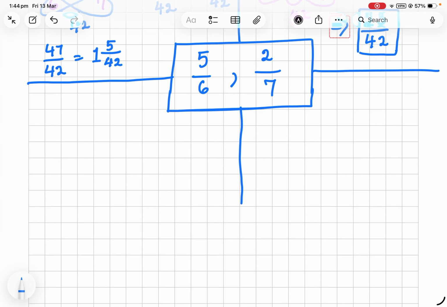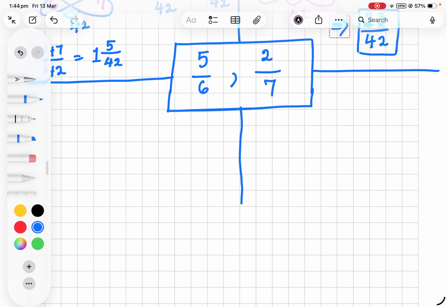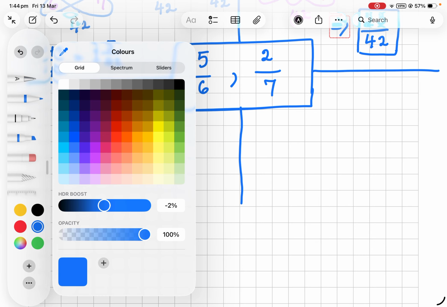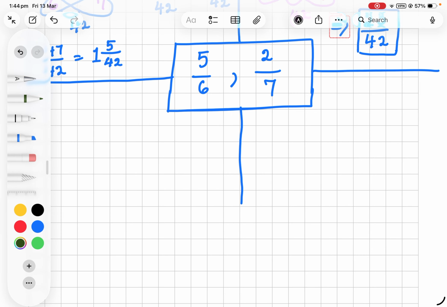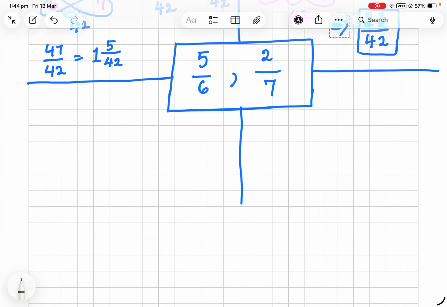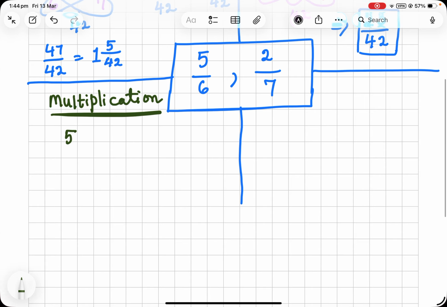Now let's see what we can do for multiplication. The same fractions I'm going to multiply. So let's say you have 5 out of 6 and you're multiplying it with 2 divided by 7.